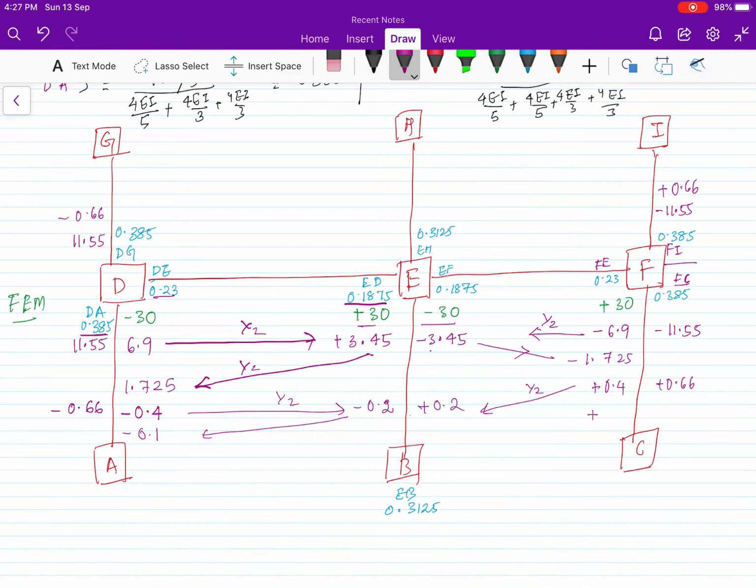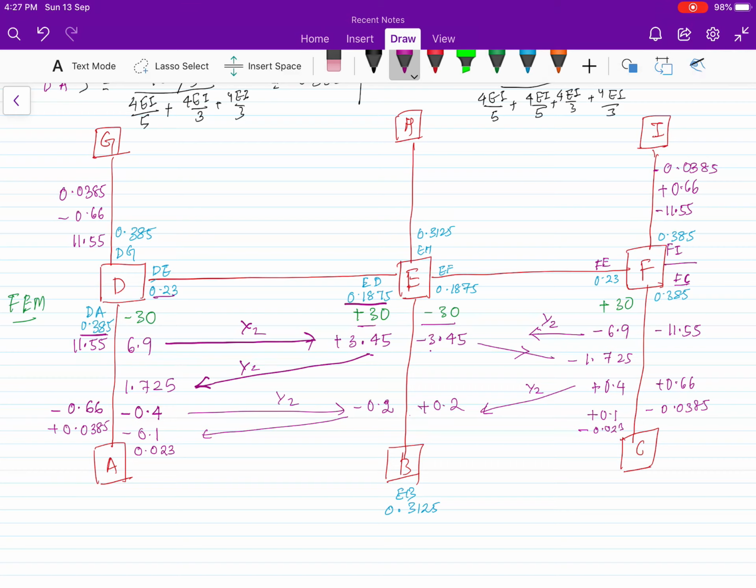Now this 0.1 will be distributed all over, so 0.1 into 0.23, so 0.023, here plus 0.0385 if you multiply with 0.385. Okay, so as this value 0.0385 is very small, we are going to stop here because this 0.023 is very small.